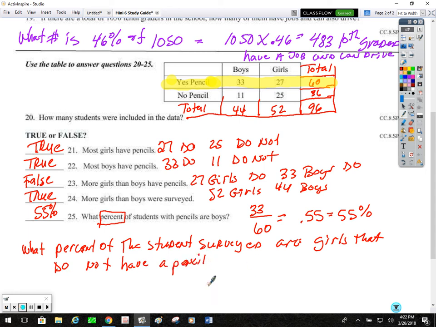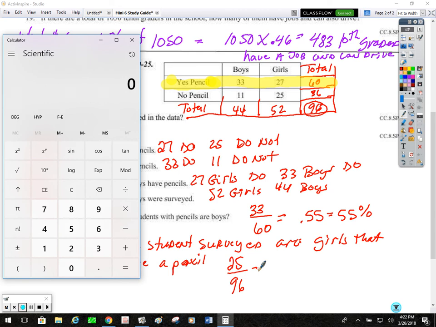Okay, so if I look at this, what percent of the students surveyed are girls that do not have a pencil? This is wanting to know out of the total. So here's my total. So my fraction would be 96, and girls that do not have pencil is 25. So we take our calculator and we put up there 25 divided by 96 gives me 0.2604.